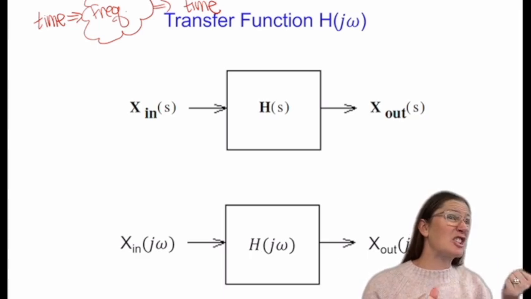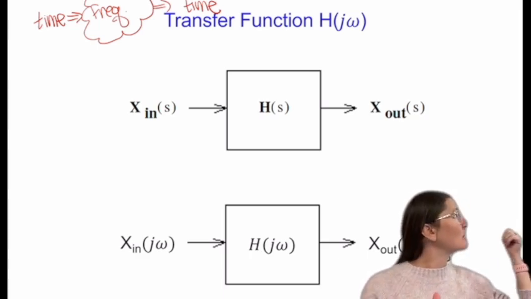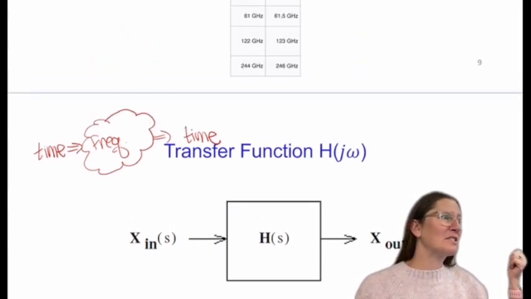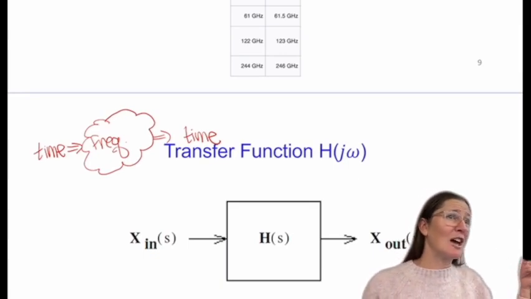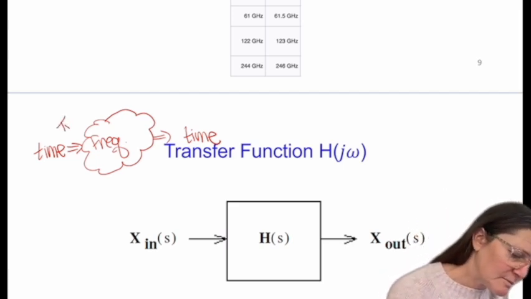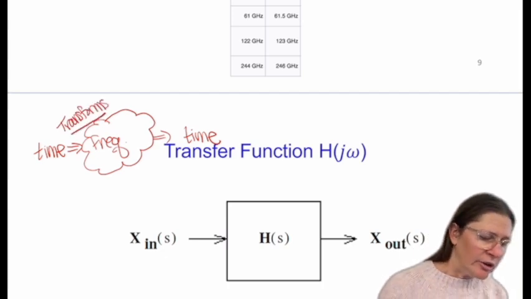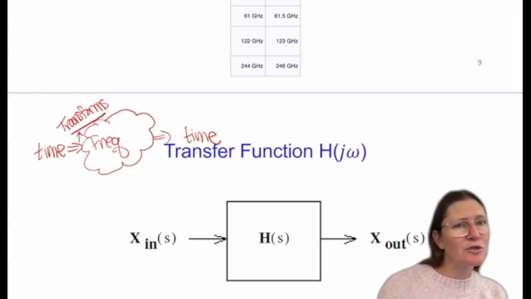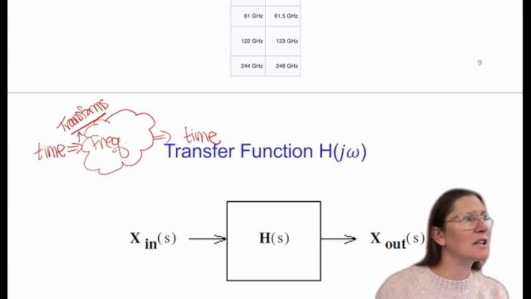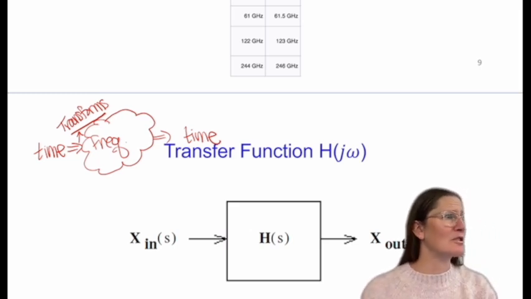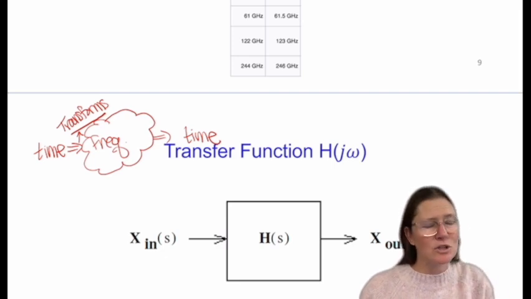So instead of differentiation and integration in the frequency domain, it becomes a multiplication and a division. So that becomes so much easier to use. So we use transforms. We use a Laplace transform to convert from a time domain into the frequency domain, or we use an inverse transform, an inverse Laplace or inverse Fourier transform, to move back into the time domain.